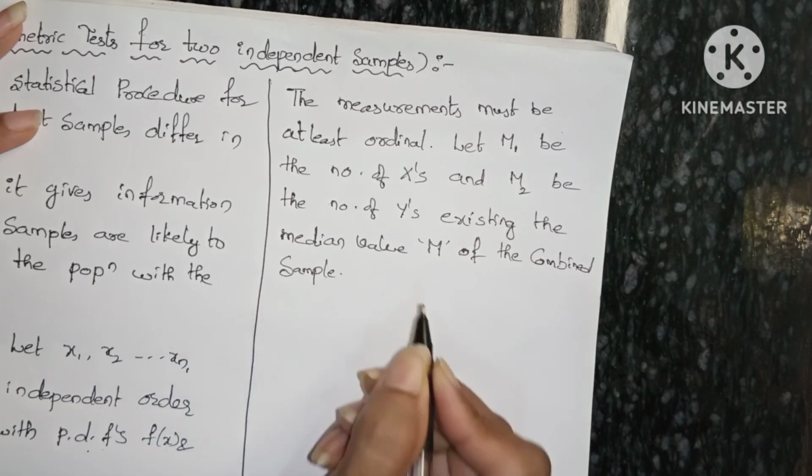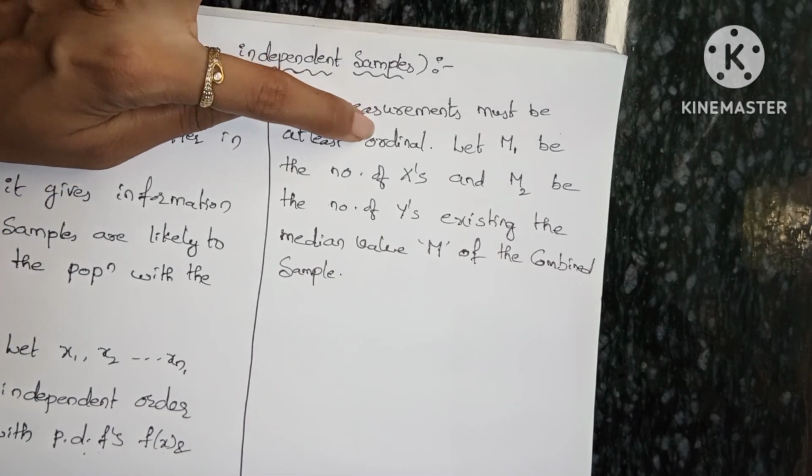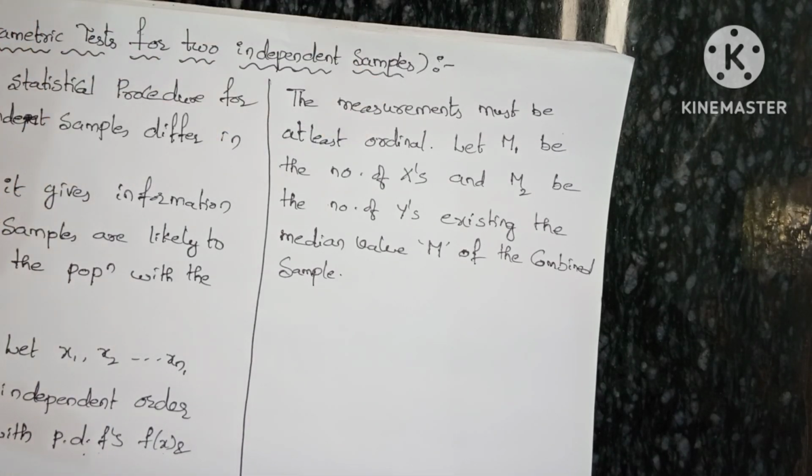So ordinal means order. Now it should be ordered and it should be numbered.